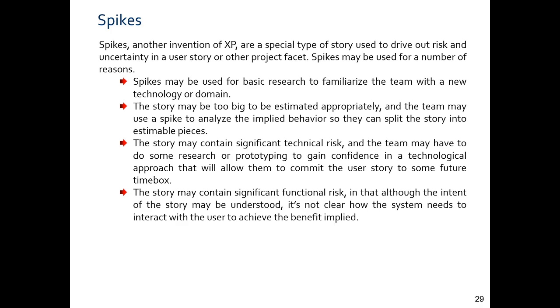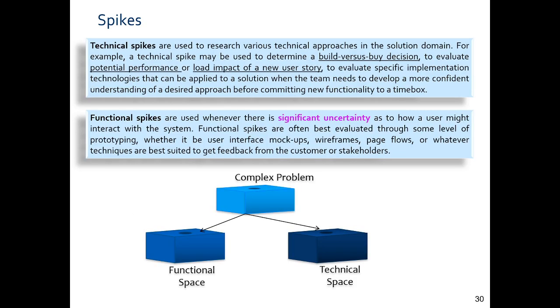Therefore, to work out the technical risks and the functional risks, we have to work with spikes. So technical spikes and functional spikes are going to happen. What are technical spikes? They are used to research various technical approaches, for example, a build versus buy decision for a particular shippable item.